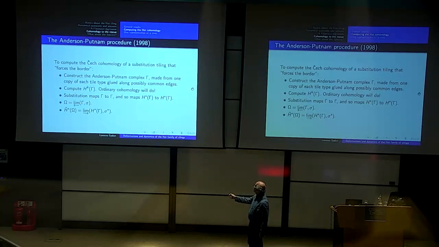And then the substitution maps this space to itself, and so maps the cohomology to itself, and the space is the inverse limit of this complex under substitution. The cohomology of the space is the direct limit of the cohomology of that complex under substitution.